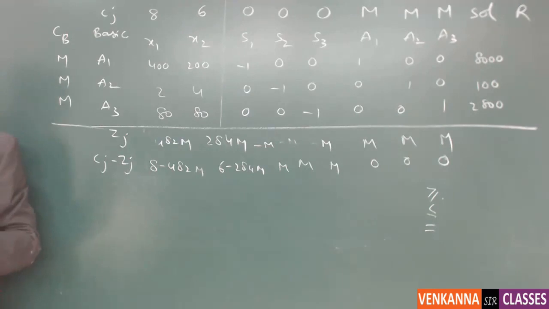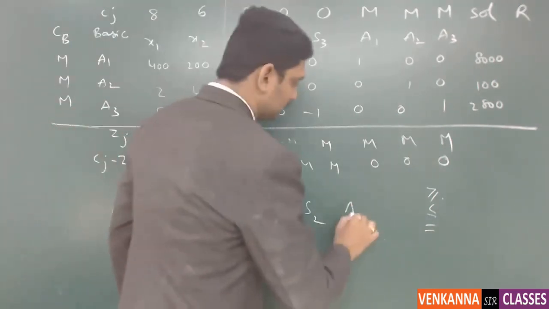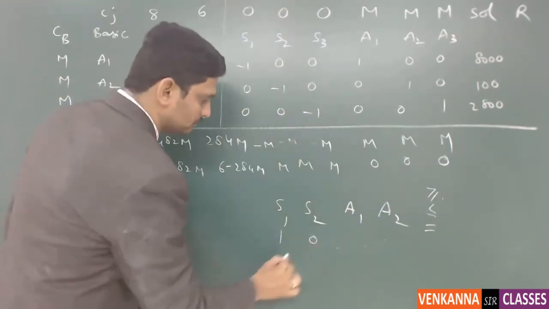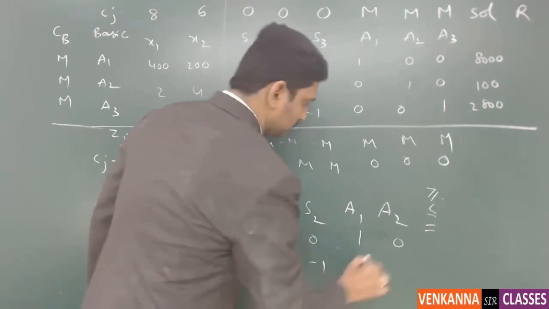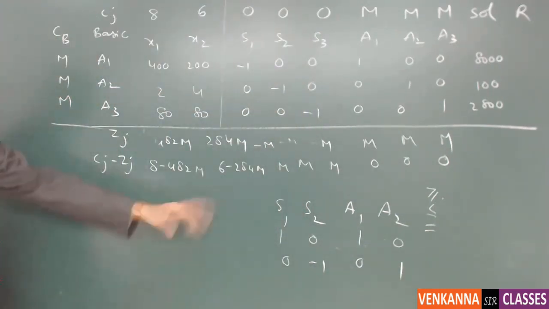I will give one more modification. Let me say I have a column like this. Now see, where is the identity matrix setup here?